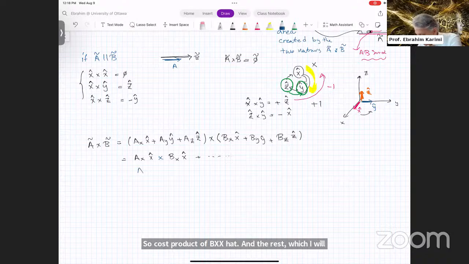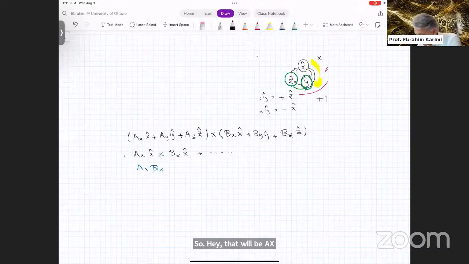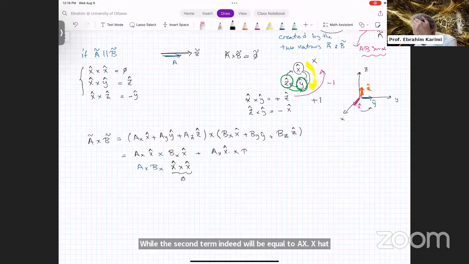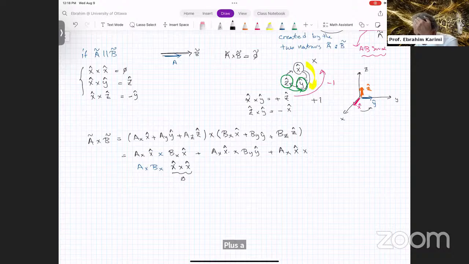So that will be AX BX, but then X hat cross product of X hat will be equal to 0. While the second term will be AX X hat cross BY Y hat plus AX X hat cross BZ Z hat.